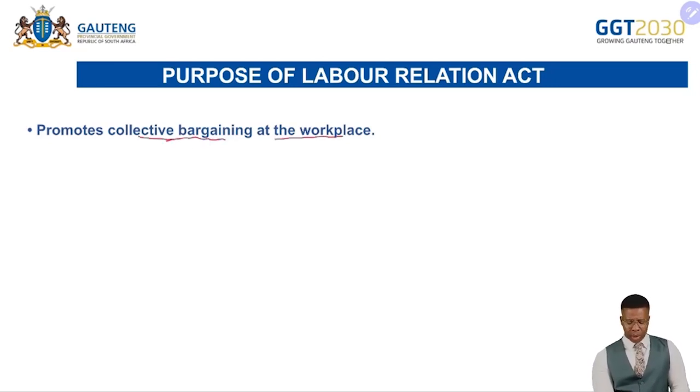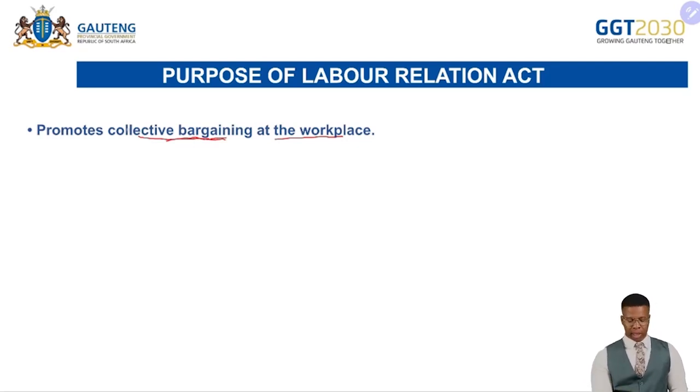What do we mean by collective bargaining? With collective bargaining, we are talking about employees and their trade unions with employers and their employers' associations or organizations who come together and collectively agree on working conditions or disputes or ways in which a dispute can be solved.